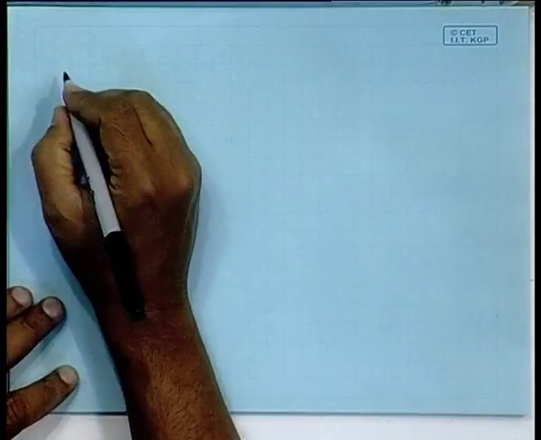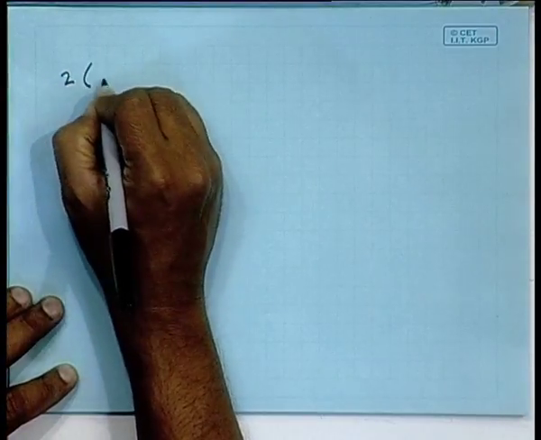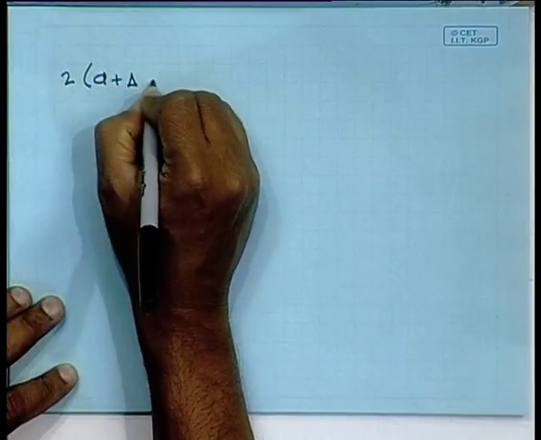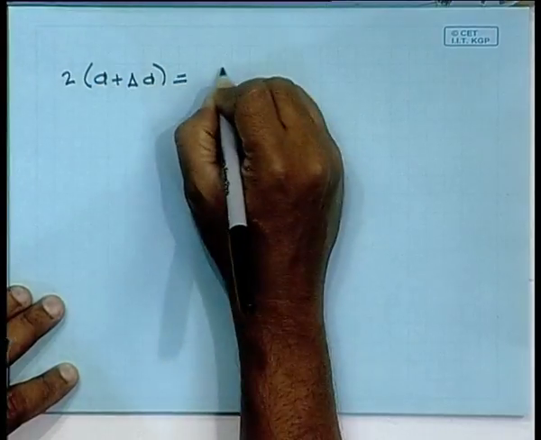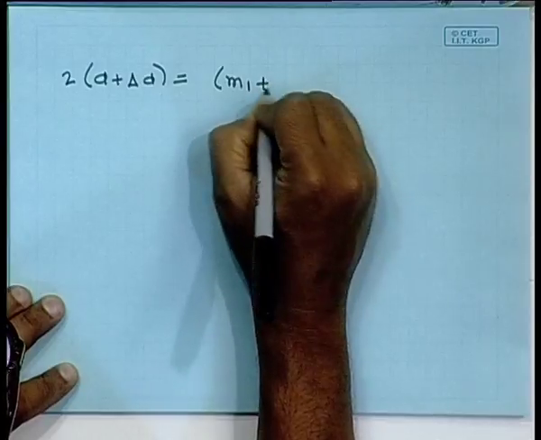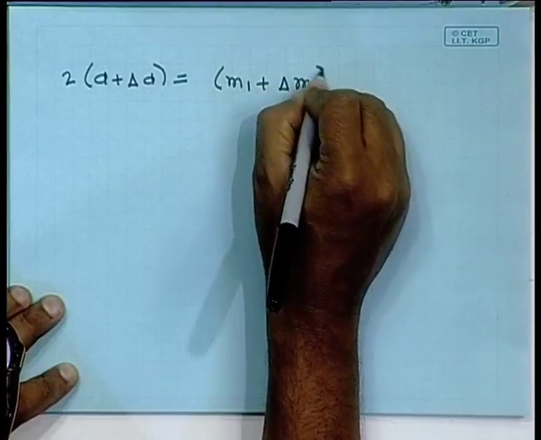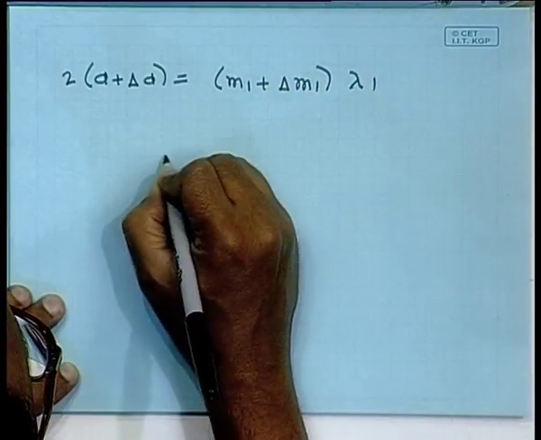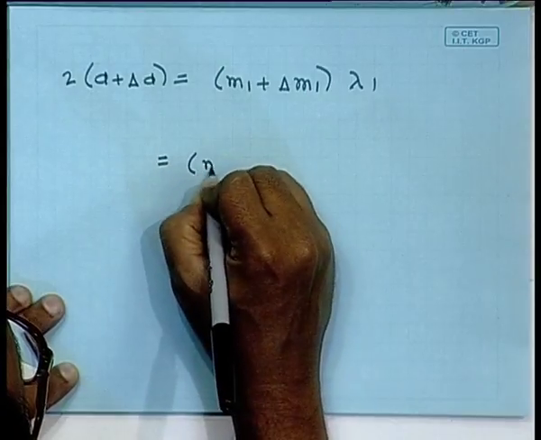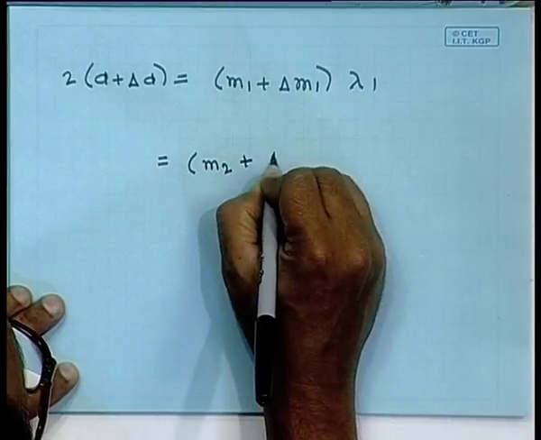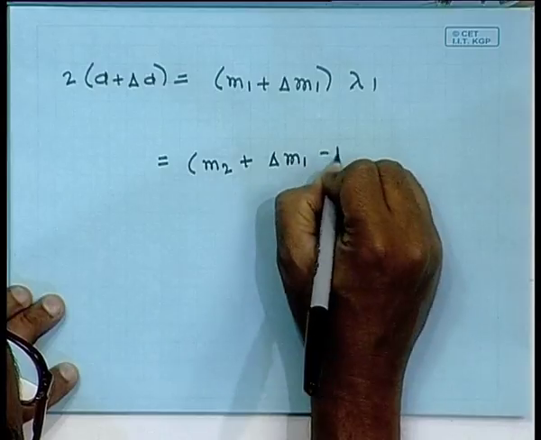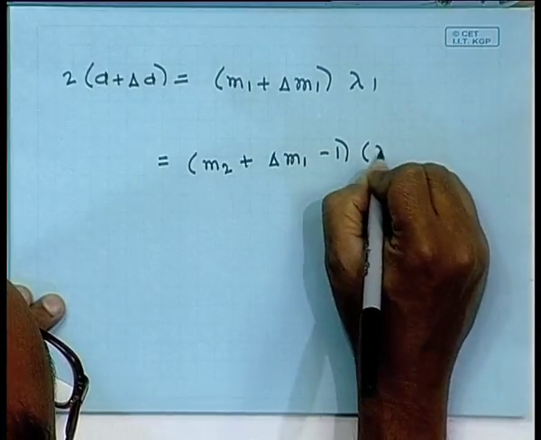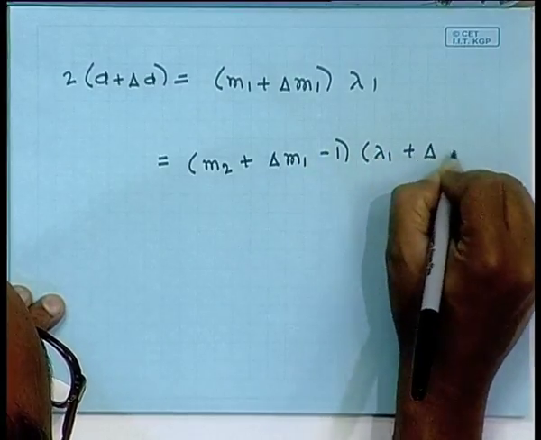So, this condition essentially means that 2 D plus delta D is equal to (m1 plus delta m1) lambda 1, this is also equal to (m2 plus delta m1 minus 1) into (lambda 1 plus delta lambda).